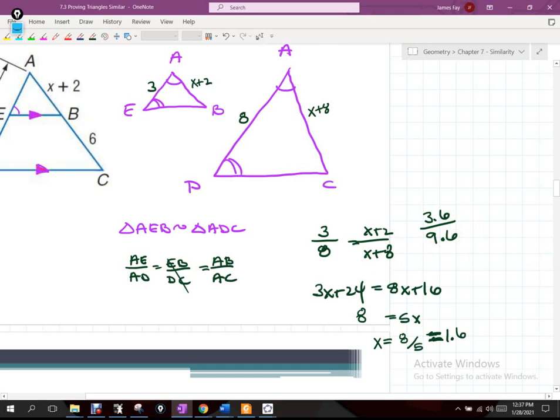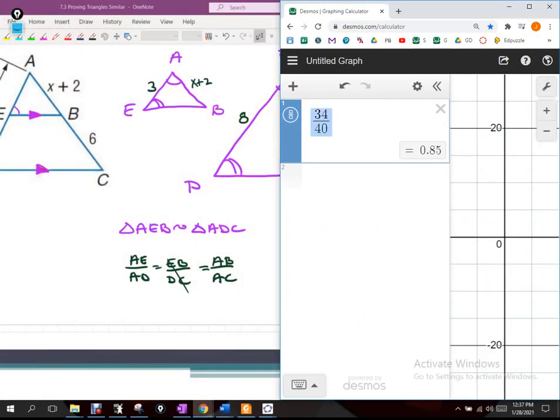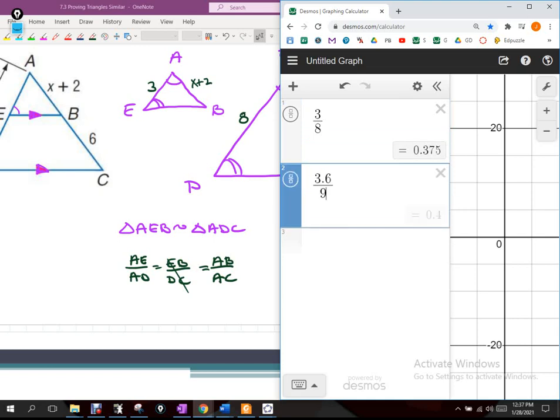Should end up giving me the same thing as 3/8. So that's something we can do.